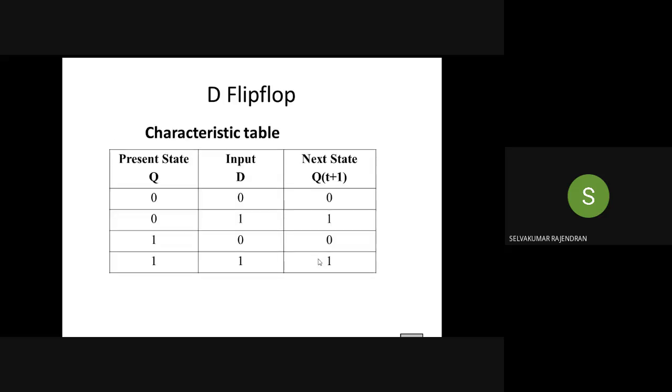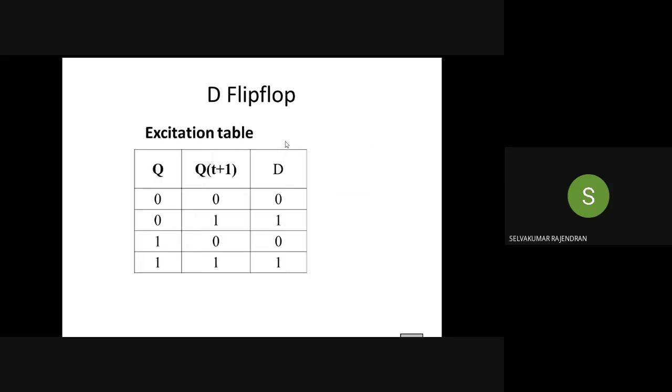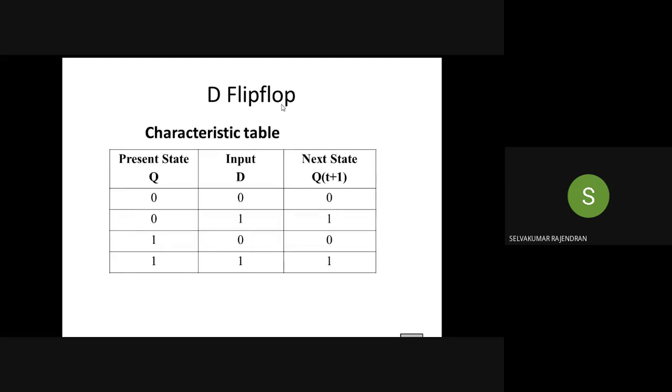Then this is the characteristics table. We know that this table has present state, input, and next state. For your understanding, you can observe it like this: these two columns are assumed as inputs, and the next state of this table is assumed as output.